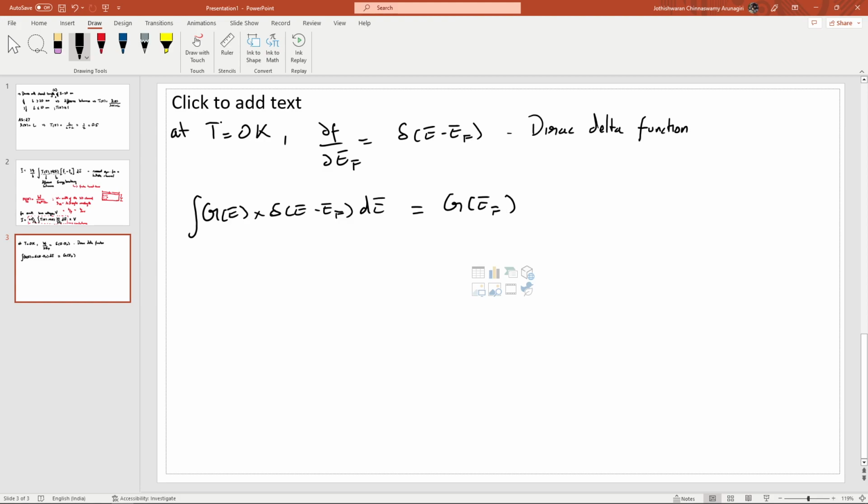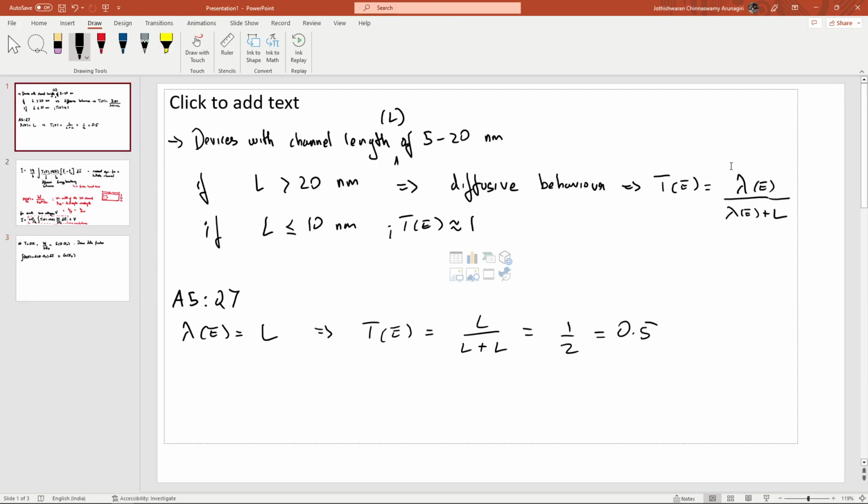So these are the three important things to remember. Point one, when to use the transmission coefficient.